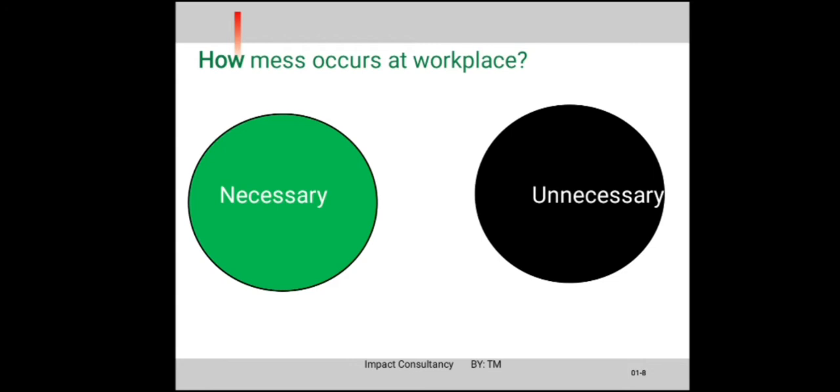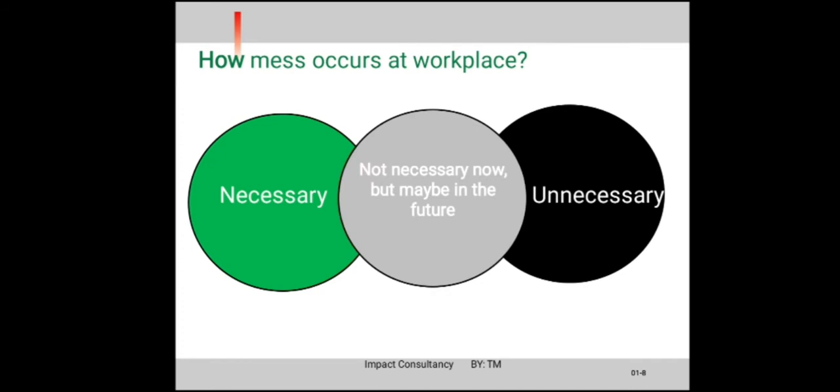There are necessary items, unnecessary items, and a third class that is not necessary now but maybe in the future, the temporarily necessary items. The green one is very important to have and to own around us, and the black one is unnecessary and should be avoided. The temporarily needed ones, according to their time of usage, we should keep far away from us.